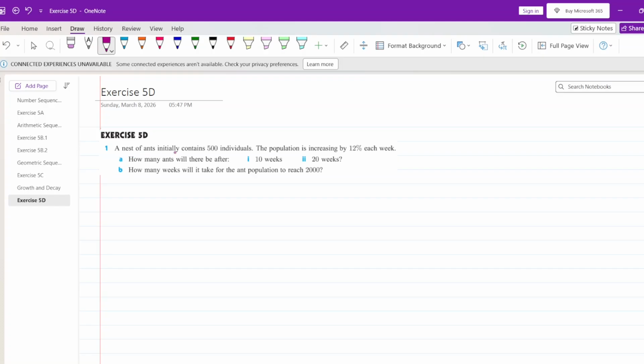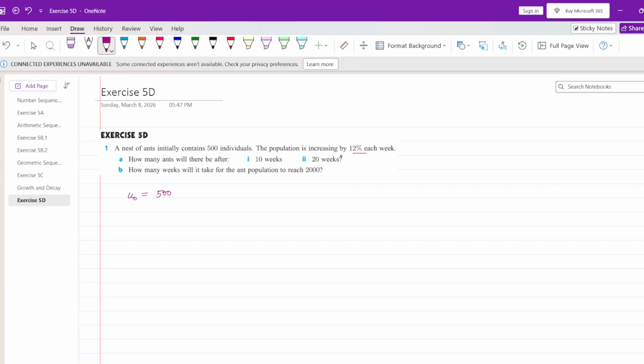A nest of ants initially contains 500 individuals. The population is increasing by 12% each week. How many ants will there be after 10 weeks? U0 is 500. Here, the population is increasing by 12% each week.